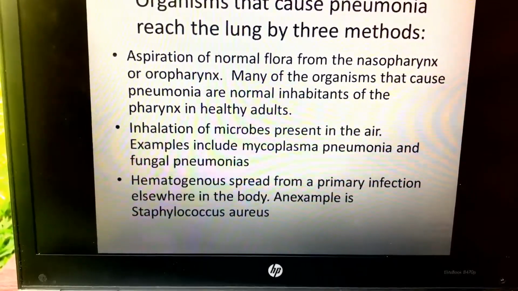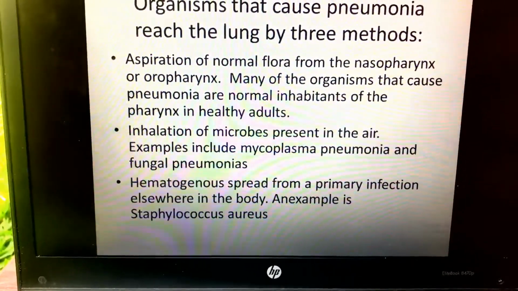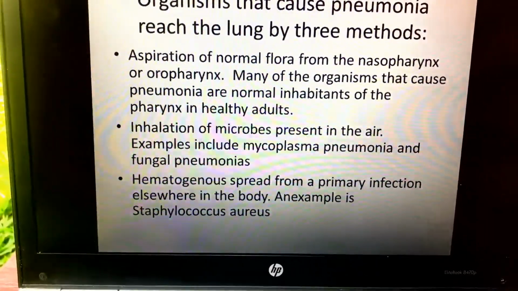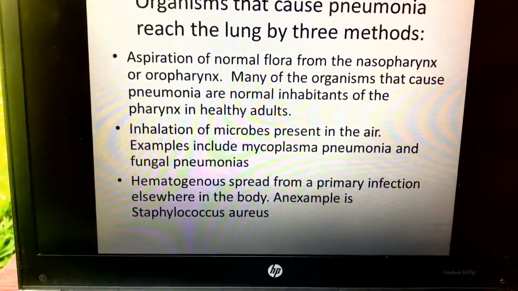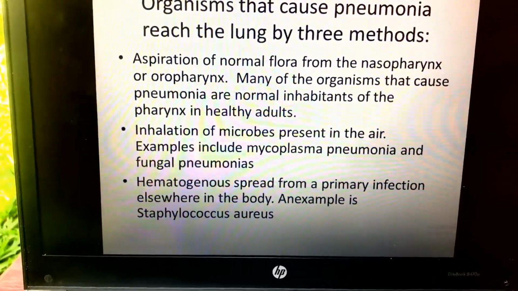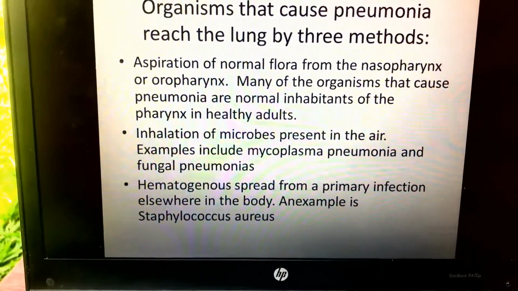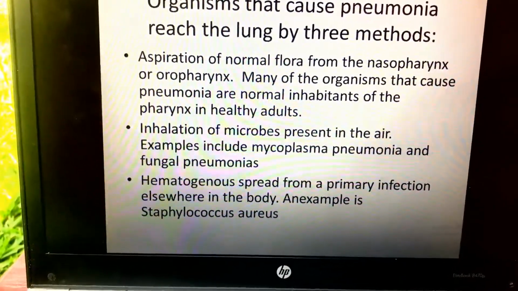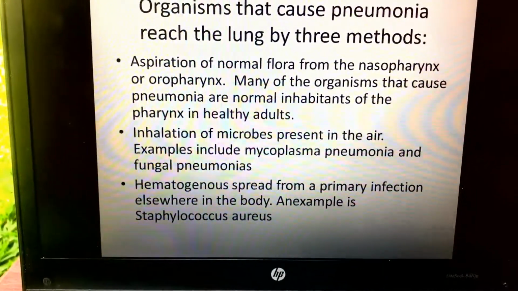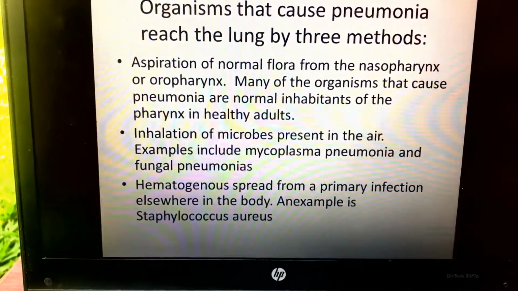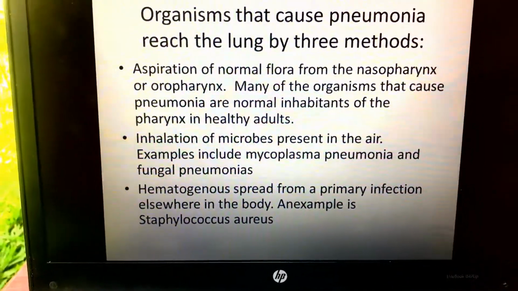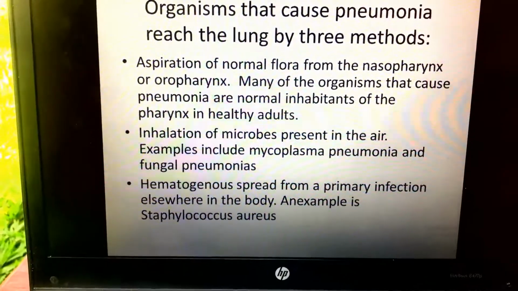Third, hematogenous spread from a primary infection elsewhere in the body. When we say hematogenous spread, let's see, when you have a wound on your leg and your leg will be infected, the infection will reach the blood circulation and be carried to the lungs. That will be a hematogenous infection.